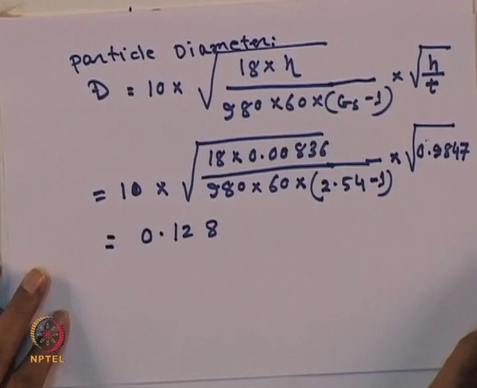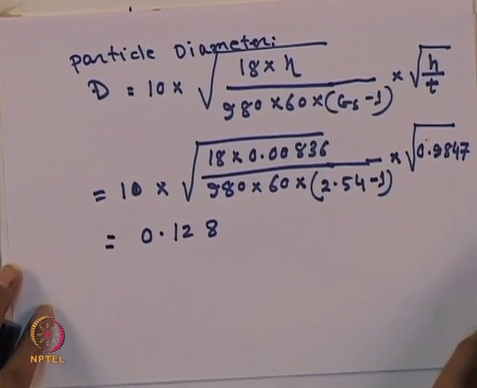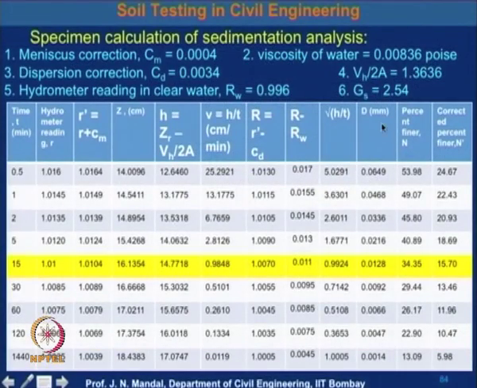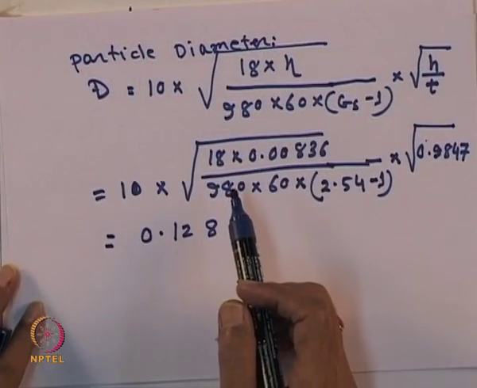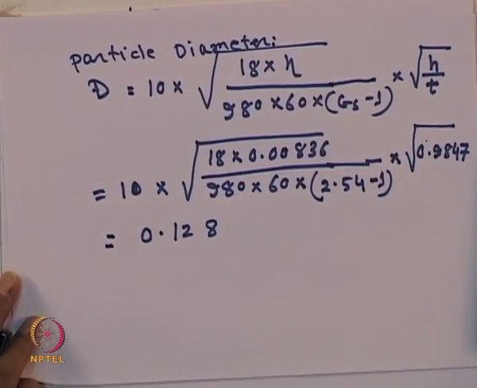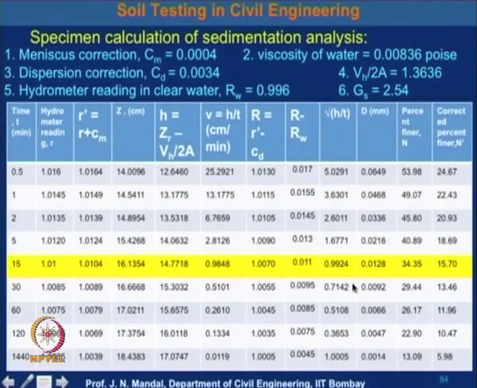Then you can calculate the particle diameter. You can see for a specific time, this diameter is 0.0128. Okay. So, this particle diameter is shown.